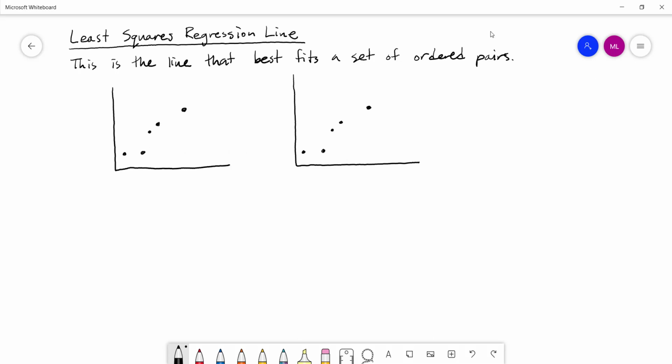I want to draw two lines and think about which one of them best fits the data. So here is my first line. It's going to go like that. And here is my second line. Here are my two lines.